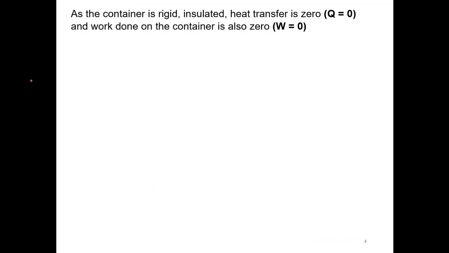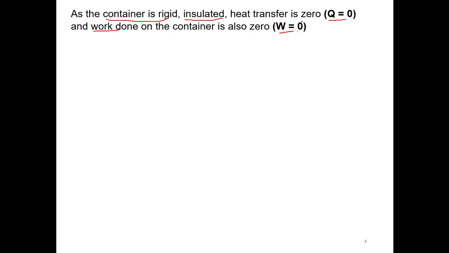So let's see. In this example, since the container is rigid and insulated, that means heat transfer into or from the container is equal to 0. Similarly, work done on the container is also 0 because there is no movement of the container since this is a rigid container.